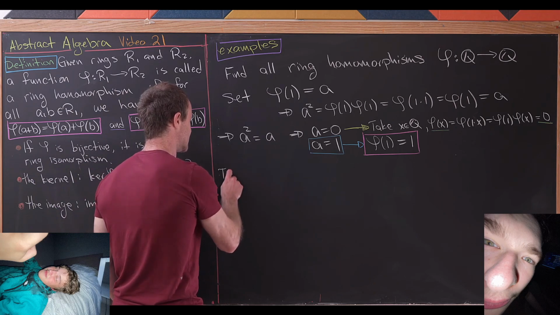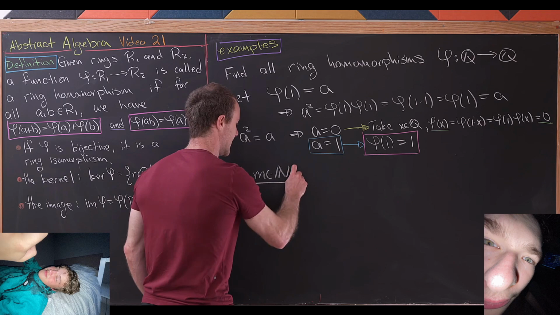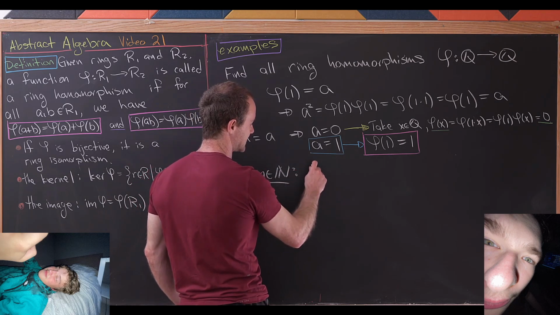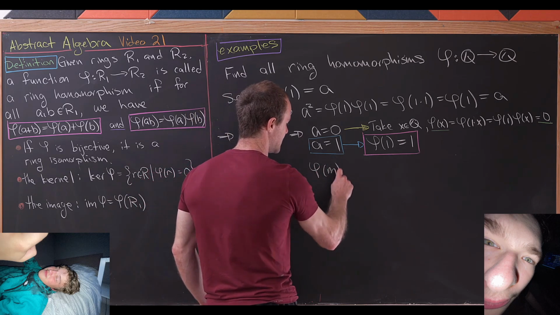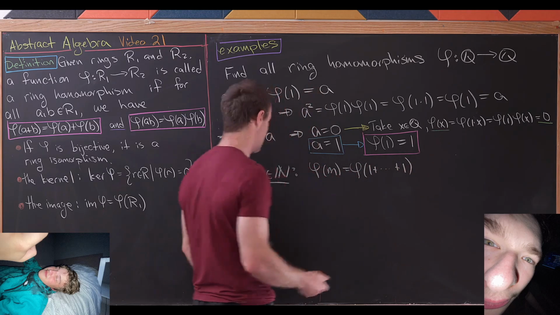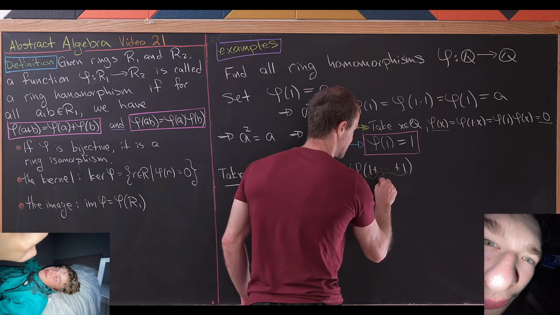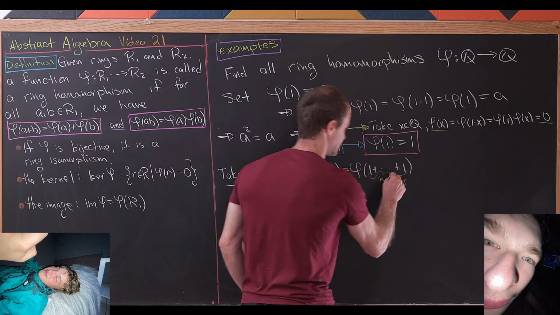Okay, so let's take a natural number m, and let's notice that phi of m is the same thing as phi of 1 added to itself m times. So let's point that out. This is m times.